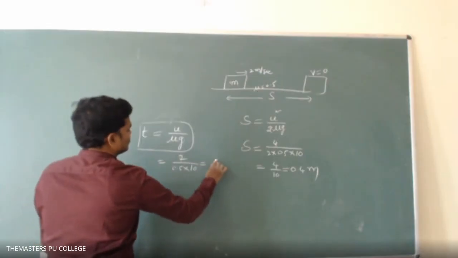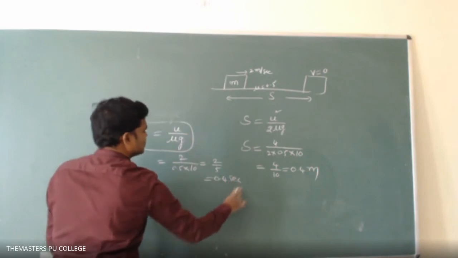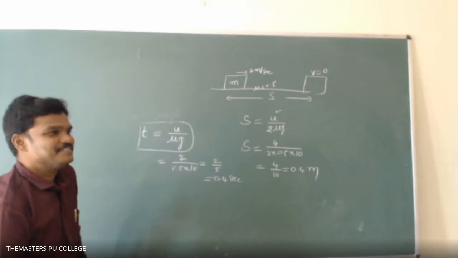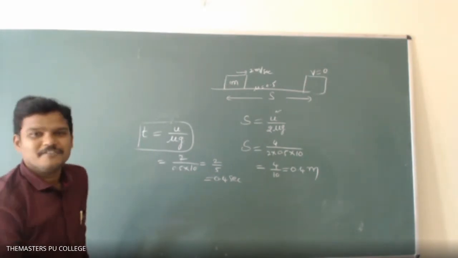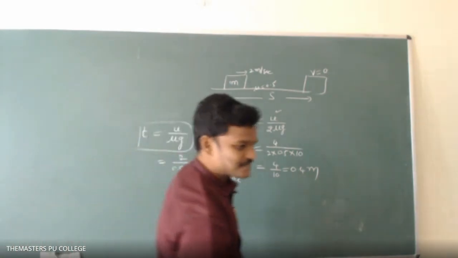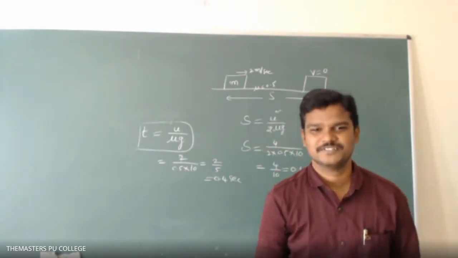See, this is 2 by 5. In 0.4 seconds it will cover 0.4 meter, no problem. The first problem itself has the same numbers, no problem.